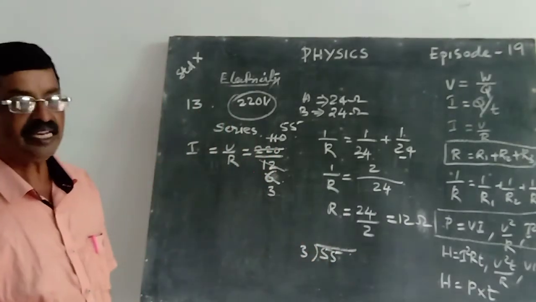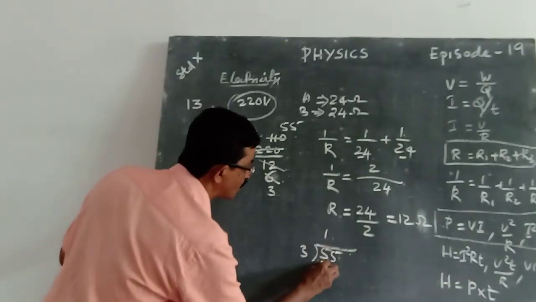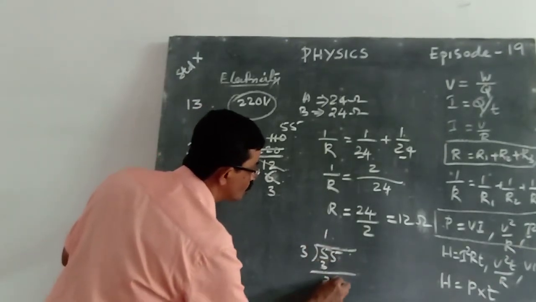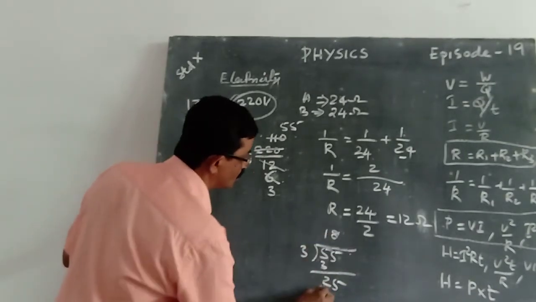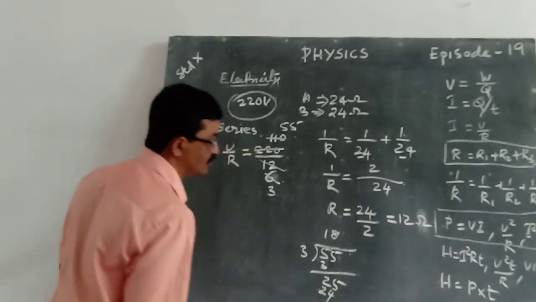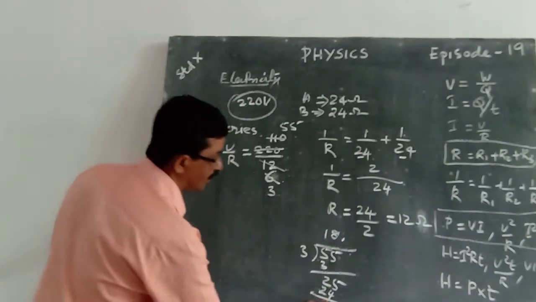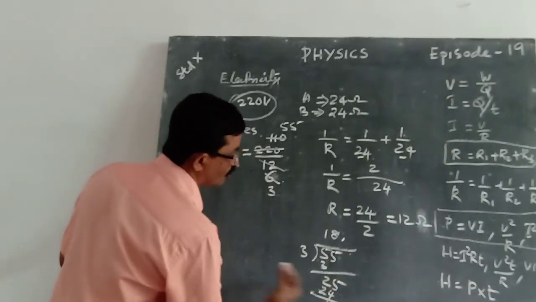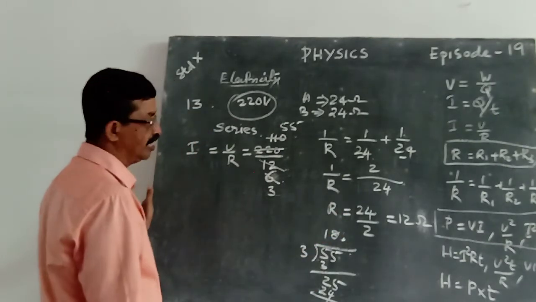55 by 3 is equal to 1 times 3, 2, 25. How many times? 8 times 3, 24. Then 0. After giving decimal, we can put 0 here.